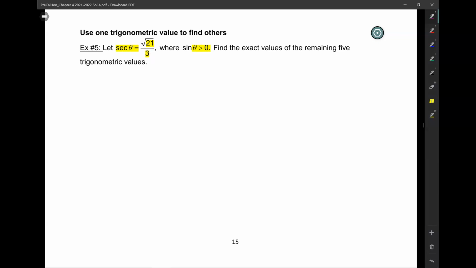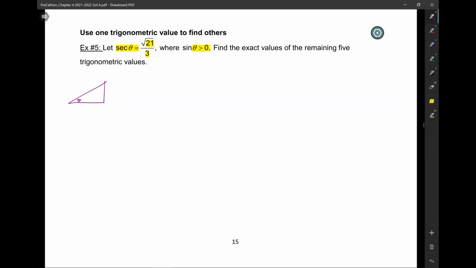So we have an added situation here. Secant is root 21 over 3. Secant is what? It's the reciprocal of the cosine.